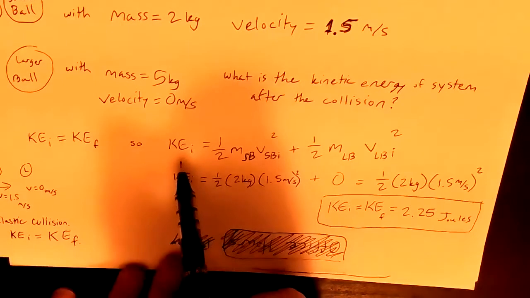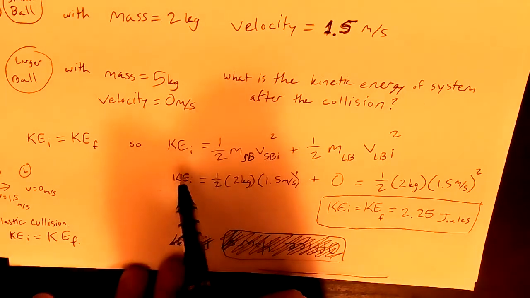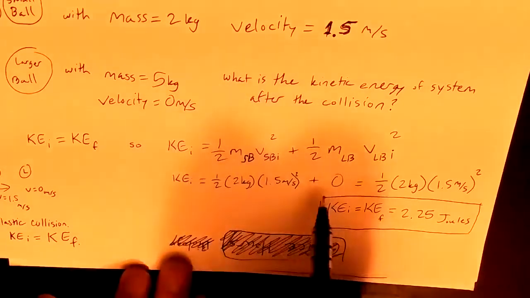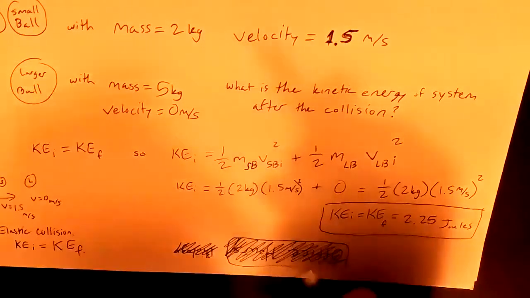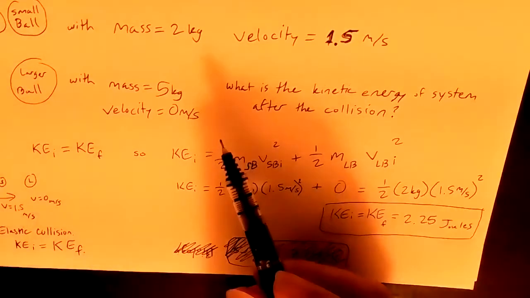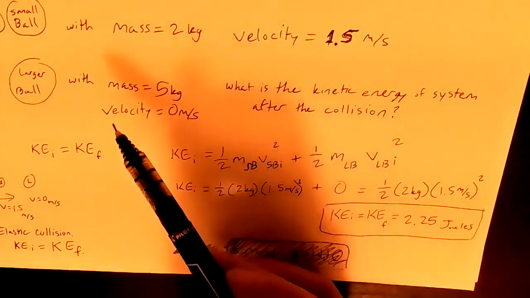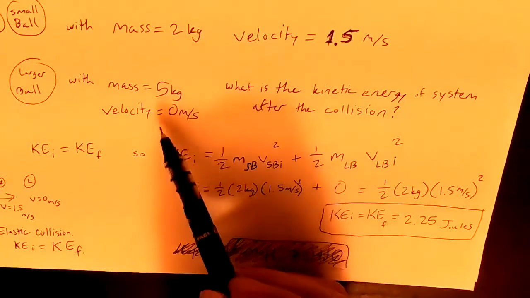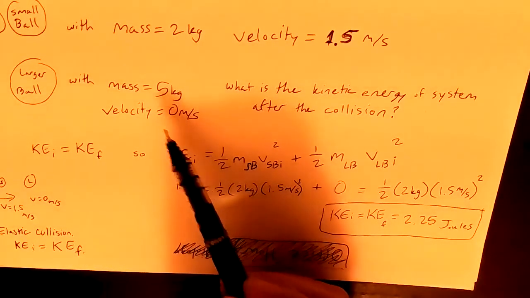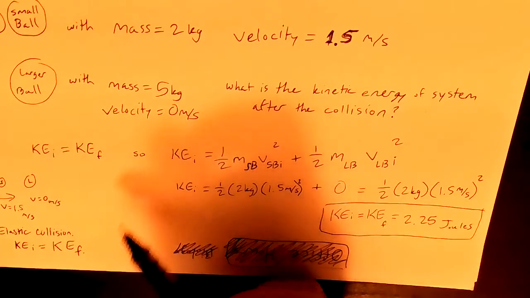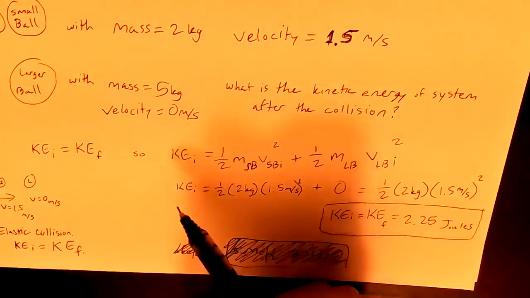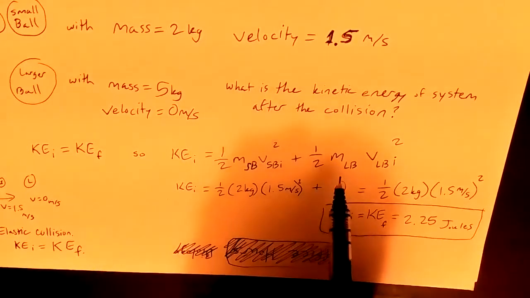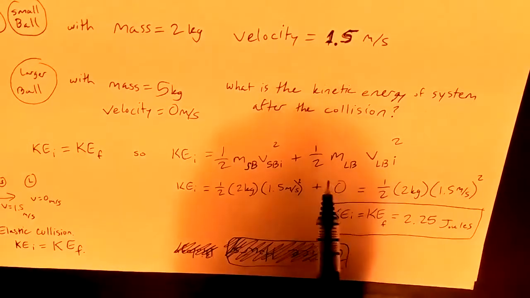And since we know the initial kinetic energy will be the same as the final, we can just find the initial kinetic energy, right? Because that is easier to calculate. Anytime one of your objects has a velocity of 0 at the start and it's an elastic collision, calculate that before, because then you can cancel out a whole term.